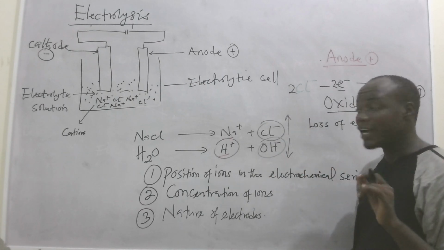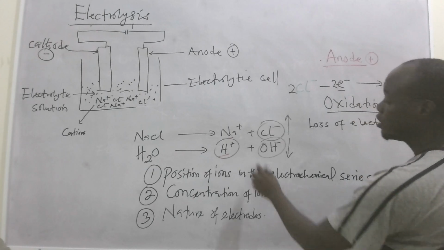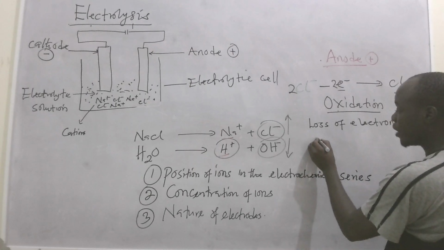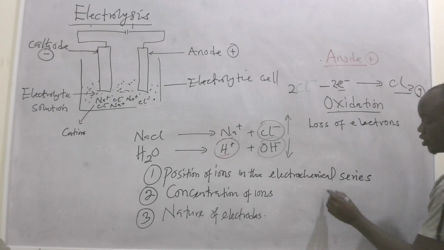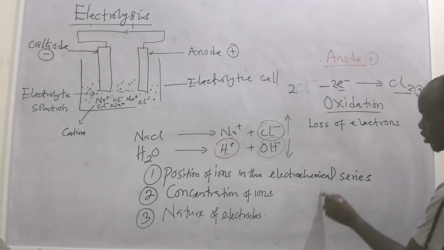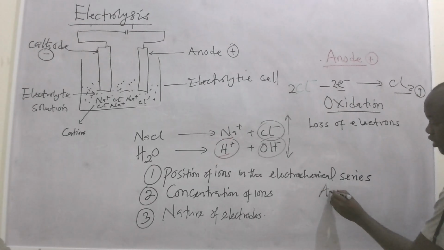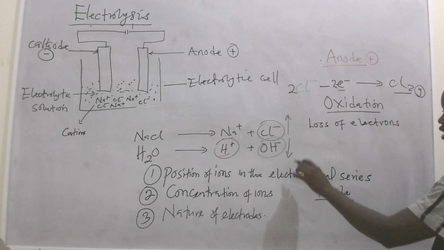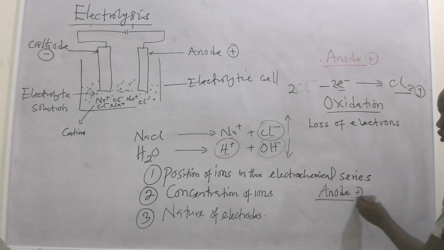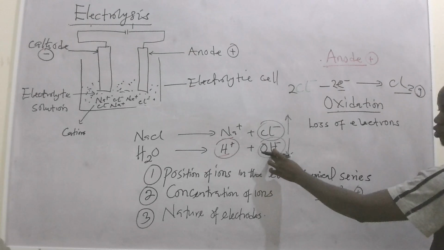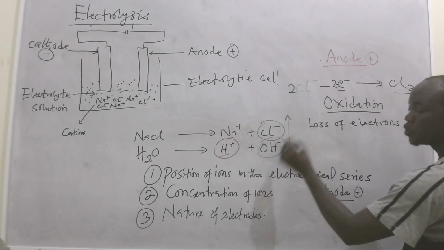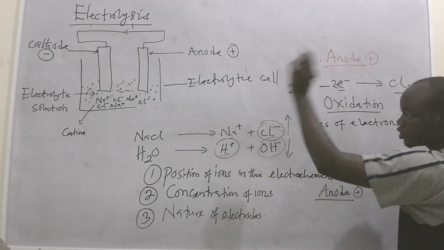So what we are seeing here is that based on the position of ions in the electrochemical series, at the anode, they have positive charge, so we expect chloride ion and hydroxyl ion to migrate. But because OH minus is lower in the series, it will displace chloride ion.